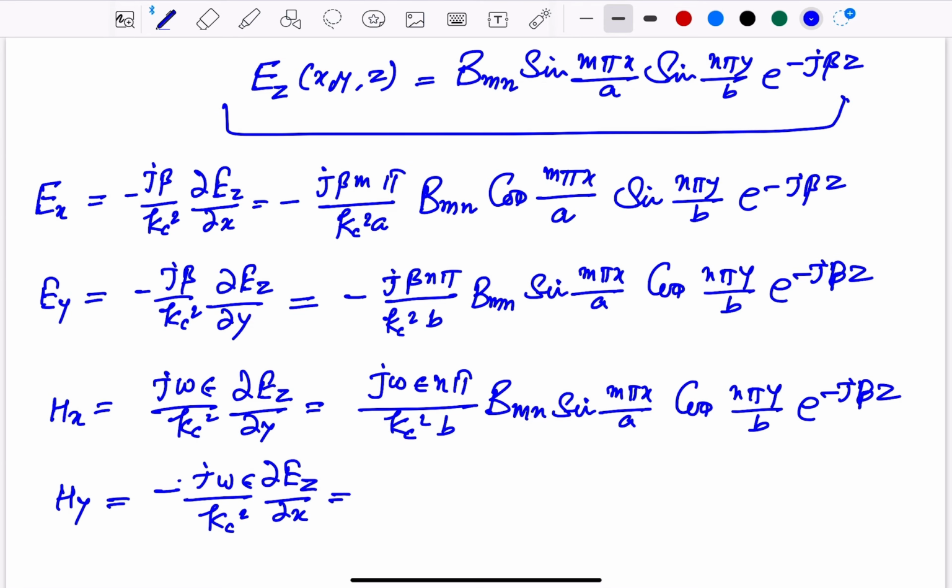That is supposed to be differentiated with respect to x, and you have j omega epsilon m pi over kc square a Bmn cos(m pi x by a) sine(n pi y by b).